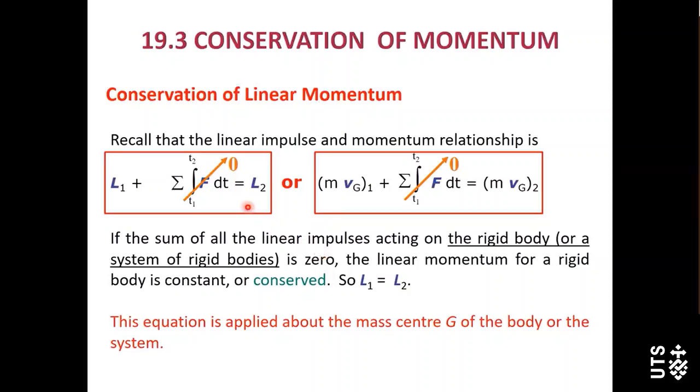So this means the initial linear momentum L1 should be equal to the final linear momentum L2. This equation is applied about the mass center point G of the rigid body or the system.